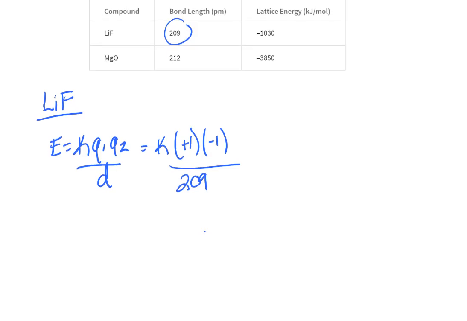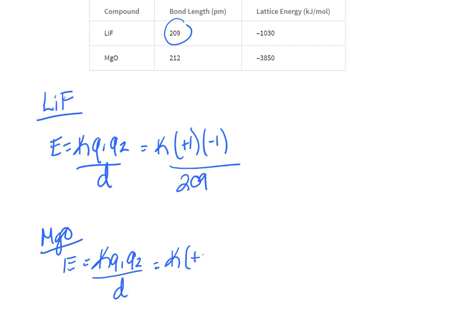Then for magnesium oxide, your Q1 and your Q2 are going to change, because now magnesium is a +2, oxygen's a -2, and look, the distance, the bond length is quite similar, right? 209 to 212 picometers.